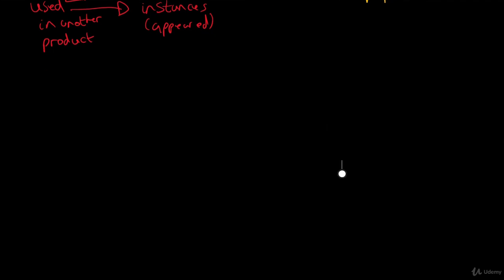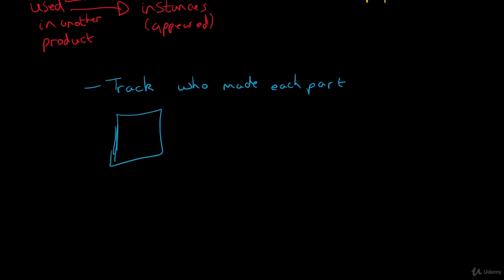So you can also track who made each part. I just briefly touched on that at the top. So if we have a phone, this is the screen on it.